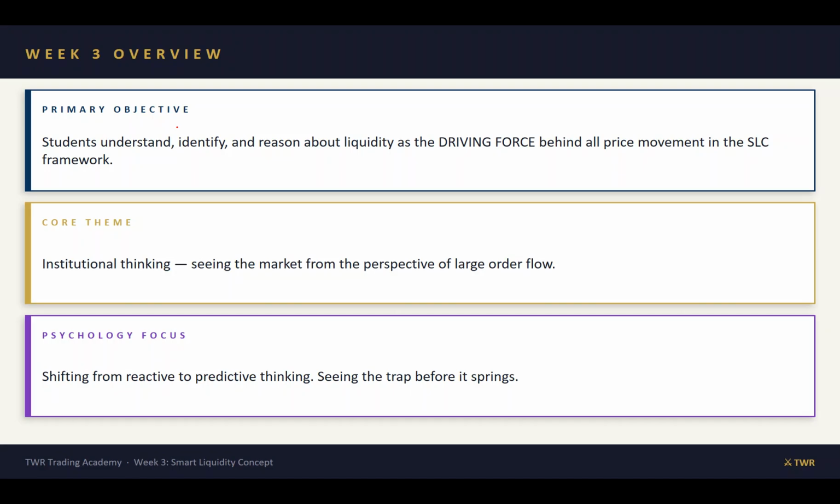Basically, price seeks out liquidity, fills liquidity, and trades towards and away from liquidity. They call this institutional thinking, seeing the market from the perspective of large order flow. Our psychological focus is shifting from reactive to predictive thinking, seeing the trap before it springs.